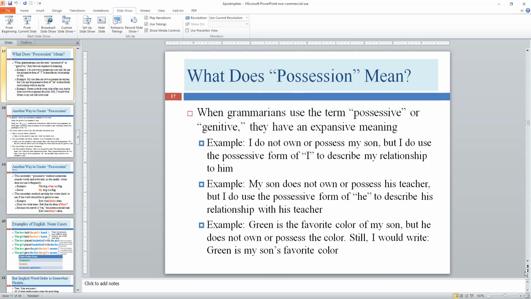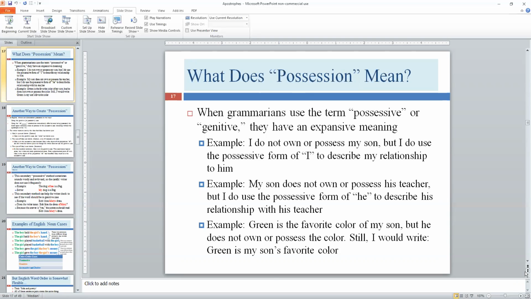If my son were here, his name is Adam, he would say, I have a mother. He would say, my mother is Professor Groover. Or he might say, Adam's mother is Professor Groover. He doesn't own me. He doesn't possess me. And yet he would say, my or Adam's mother. He would use the possessive form of those words.